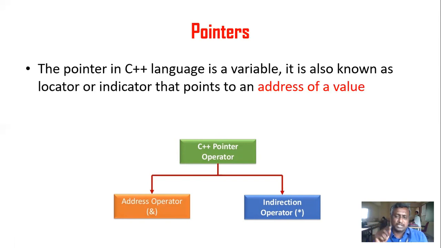Using this asterisk, we can fetch the value from the location where the pointer is pointing. So the first operator is the ampersand operator, and the second one is the asterisk operator. The ampersand is called the address operator, whereas the asterisk symbol is called the indirection operator.